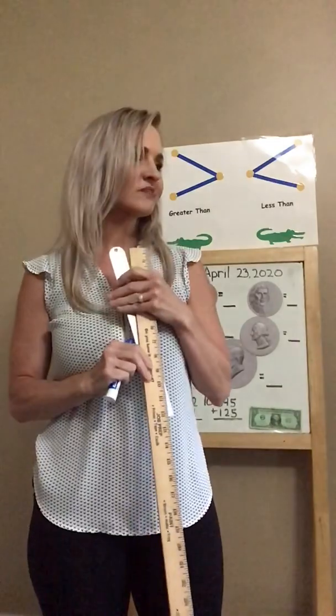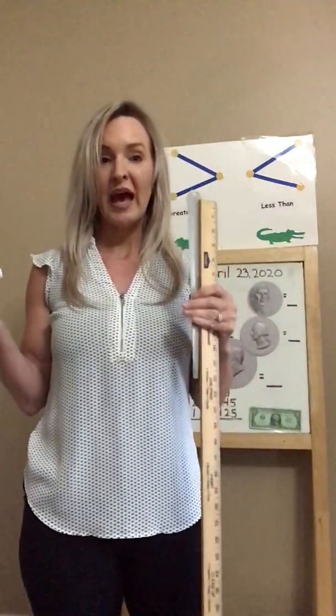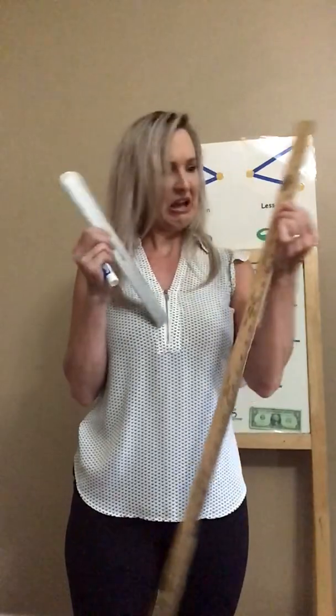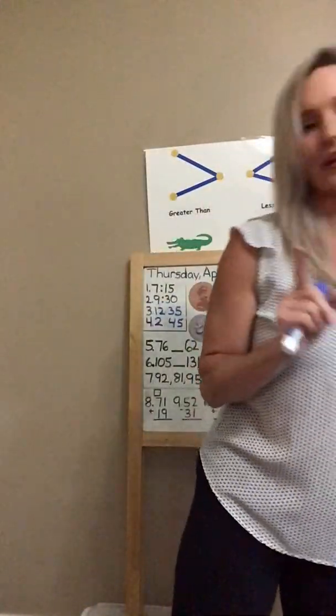Very good. Now, what if I wanted to bake a cake and I needed to measure how much oil to put in my cake? Could I use a ruler or a yardstick? No way. I would use a different unit of measurement. I have things that measure what we call capacity, or the amount something holds. We've talked about quite a few of these.